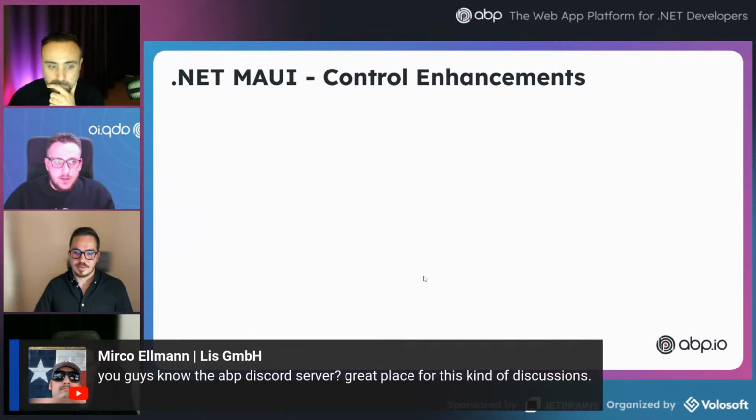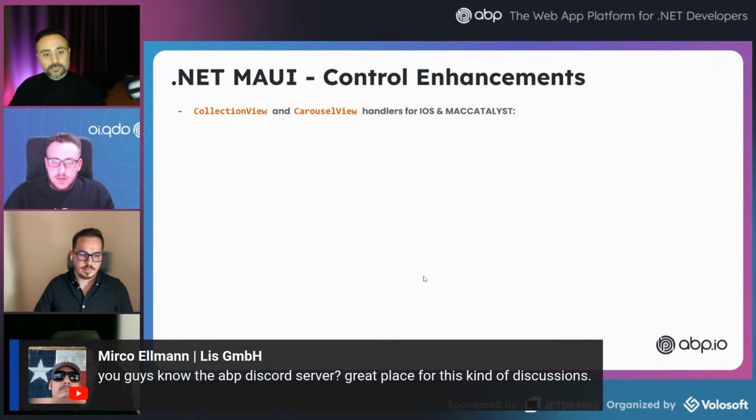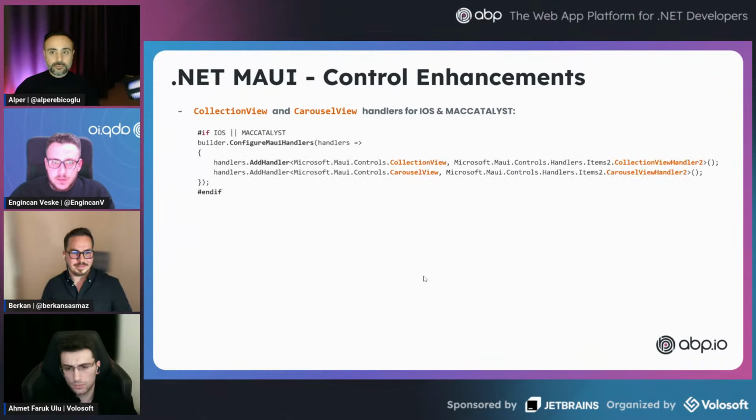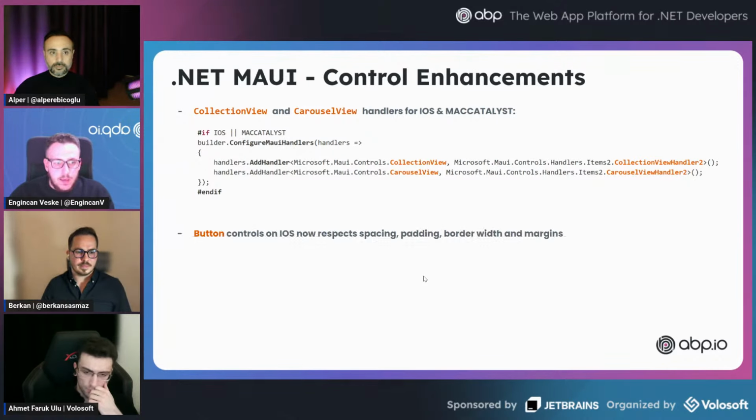And then the .NET MAUI team especially worked on the iOS side, and they made some enhancements. For example, they've created 2 new view handlers for collection view and carousel view controls. And you can directly add this code block to get the benefit of .NET 9 performance improvements for iOS. And also, we now have better button controls on the iOS side as well.